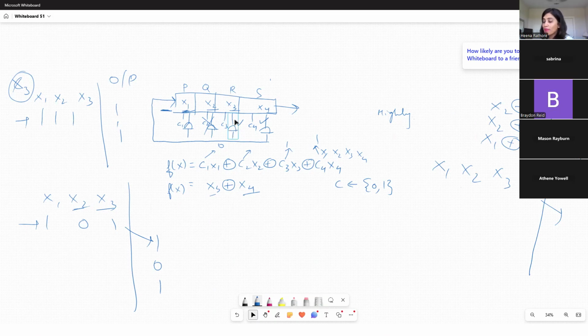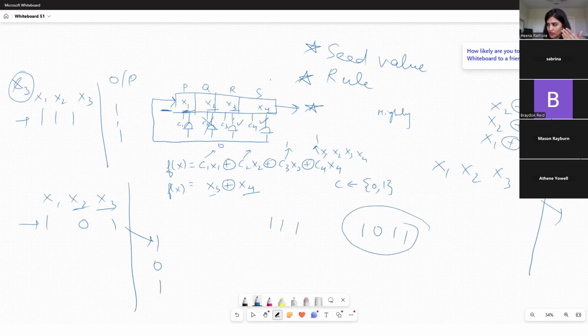The complexity depends upon the seed value, the rule that you are applying, and finally, your number of bits. If the number of bits is 3 versus 4, the number of values you would be able to generate with 4 bits is 2 to the power of 4 minus 1, and this one is 2 to the power of 3 minus 1.